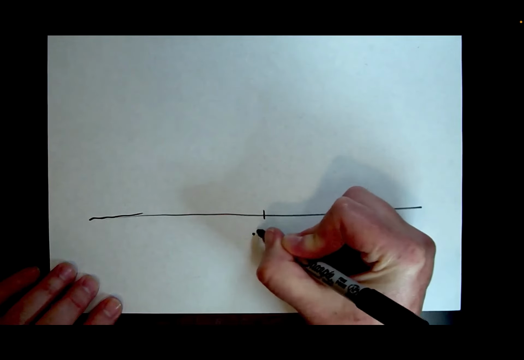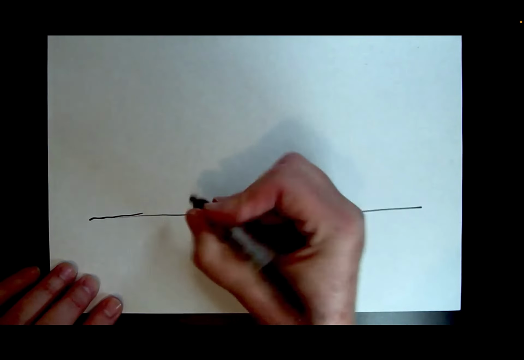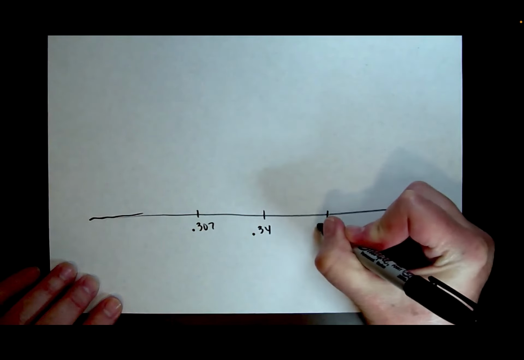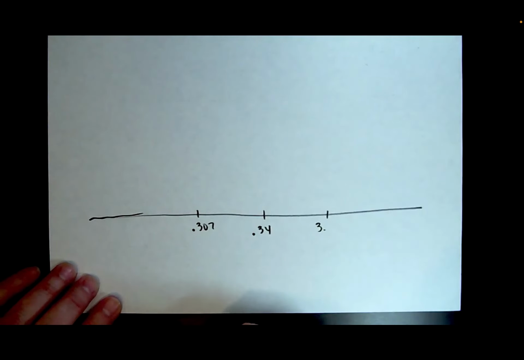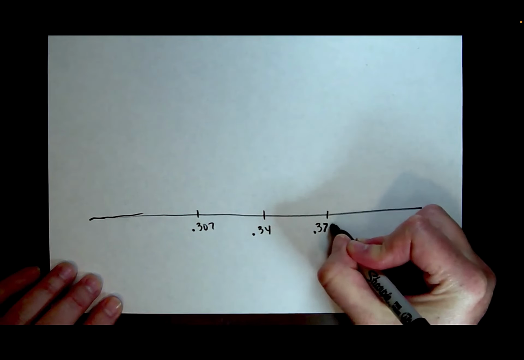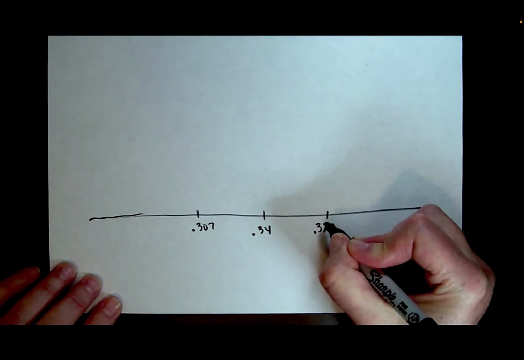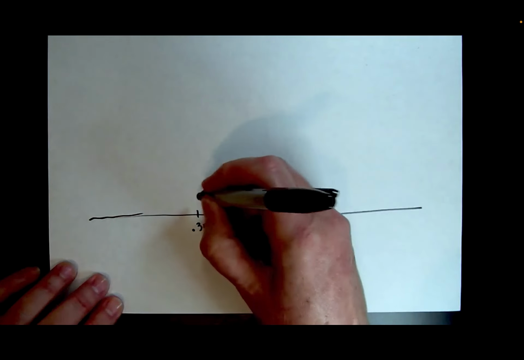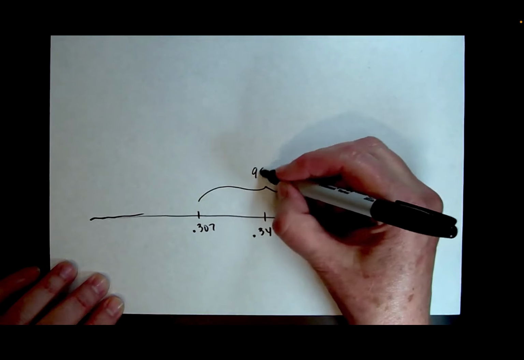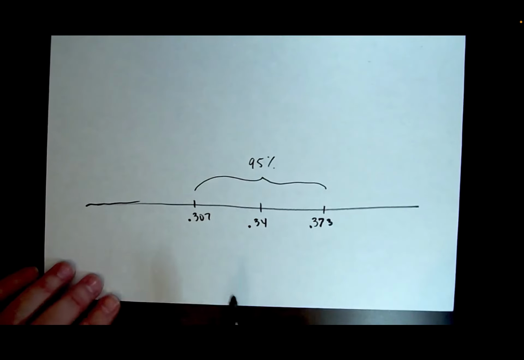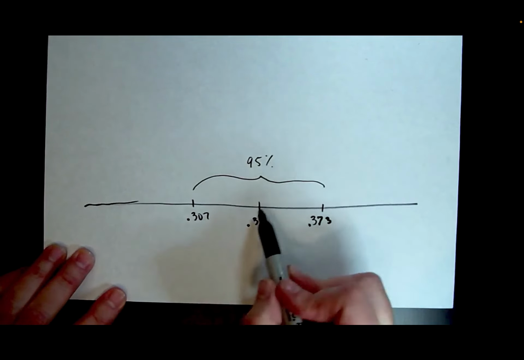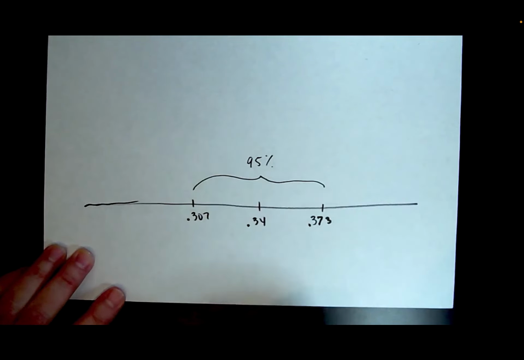Our point estimate was 0.34, and what we did first was we found a 95% confidence interval. We found the lower bound was 0.307, the upper bound was 0.373. Okay, and that was our 95% confidence interval. Then we switched over to 99% confidence, and remember the margin of error is how far you go to the left and right of your point estimate.